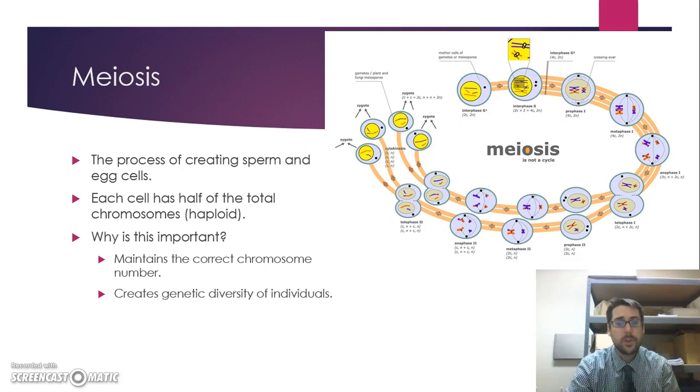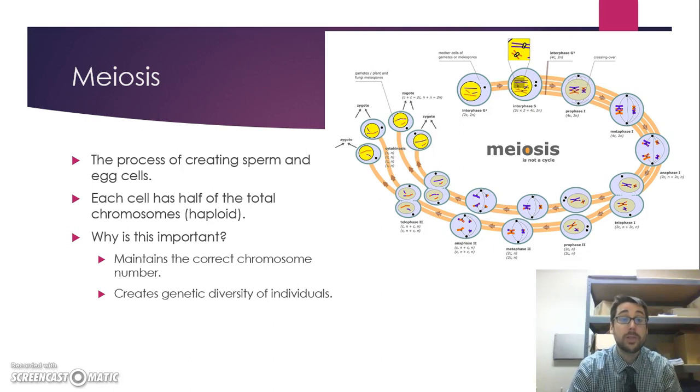Here we go. First thing we have to do is really talk about meiosis. Meiosis sounds like mitosis, which we remember is where we have our chromosomes in the middle, and then we have our anaphase, telophase, all of that, right? But meiosis is the whole process of making sperm and egg cells, or making gametes, okay?